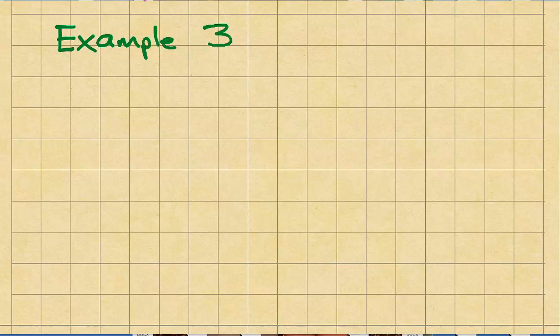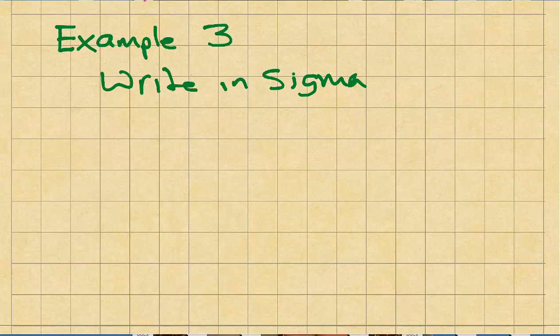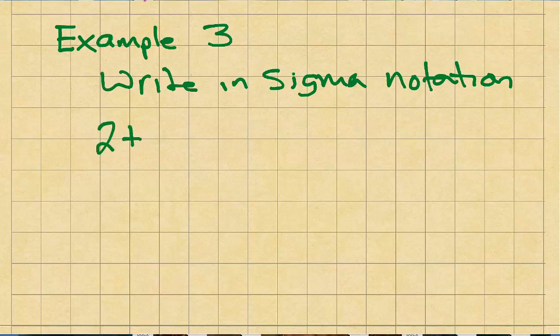So let's look at maybe a little bit more challenging one. Example 3. Again, write in sigma notation. What we're going to write is 2 plus 4 plus 8 plus all the way up to 64.